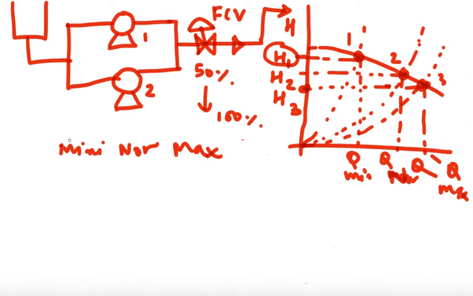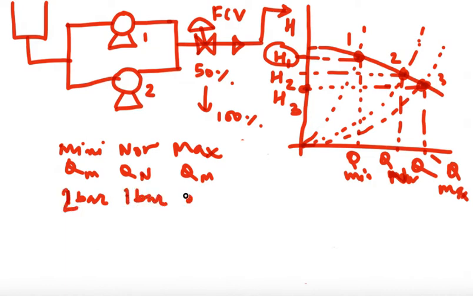Let's say the available pressure drop for this FCV at minimum flow is 1 bar, normal it is let's say 2 bar, this is 1 bar, this is 0.5 bar. And we know the specific gravity of the fluid. So let's say it's water.